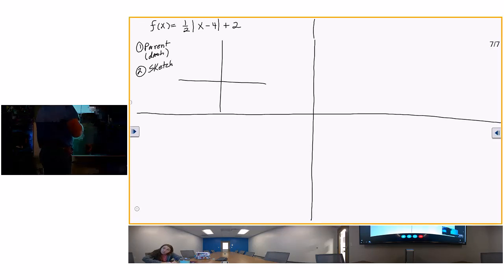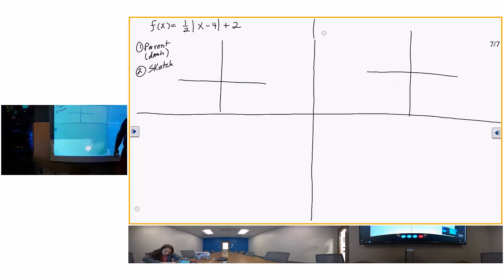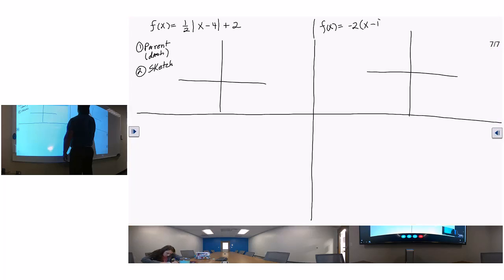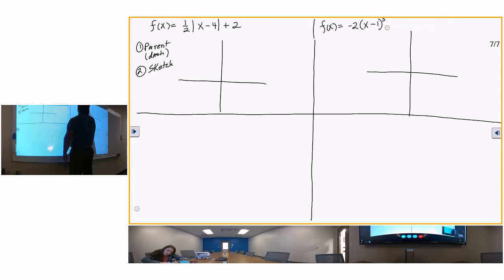Here, I want you to do the same thing, except f of x is equal to negative 2 times x minus 1 to the 3rd power, minus 4. That's supposed to be a cube, because when that thing raises up, it looks squiggly, but it's supposed to be a cube. So you sketch, I'll dash in.